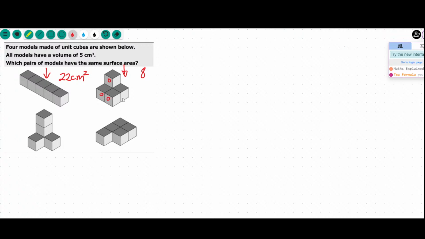So that's 3 from that side, 3 from that side, 3 from that side, and 3 from the other. So it's going to be 3 times 4, which is 12. So I'm pegging that one at 20 centimeters squared. It's a good exercise in your spatial awareness, because I guess this kind of thing is hard for some people.